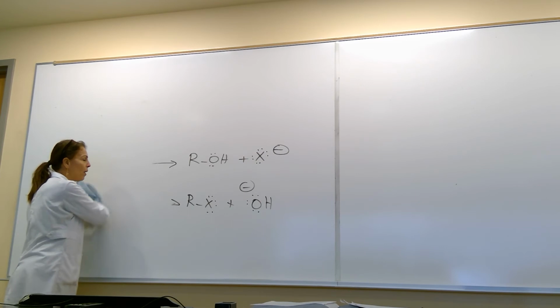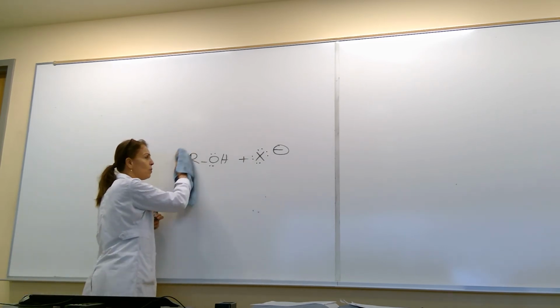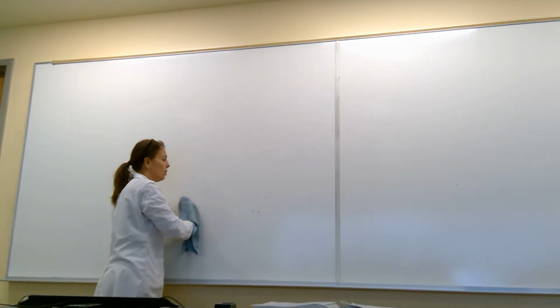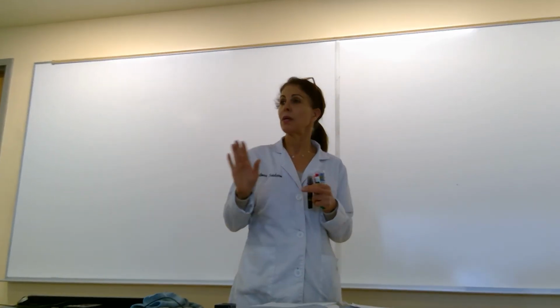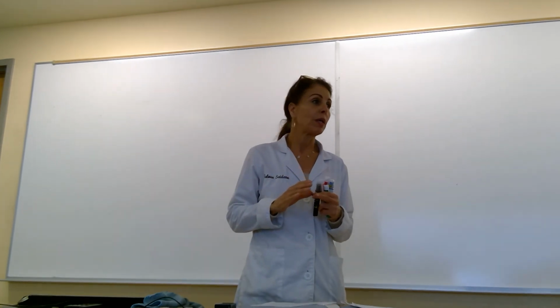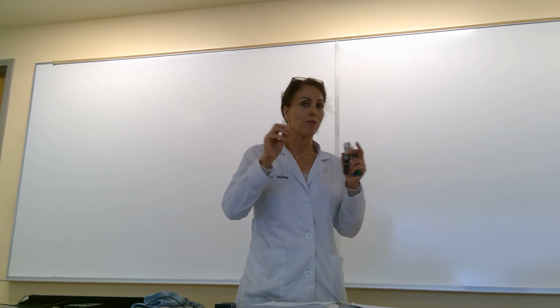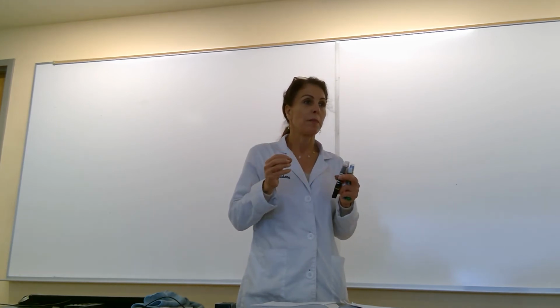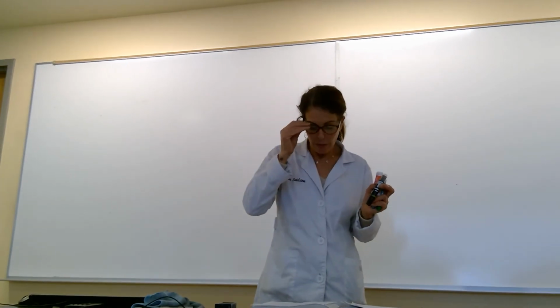But if I compare an ether to an epoxide, which one is more reactive? Epoxide. Why? It's less stable. The only reason is ring strain, that's it. They should be the same in terms of bonds, but they're different because of the ring strain.